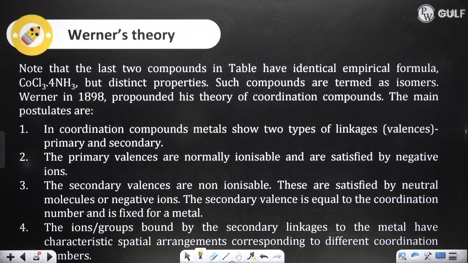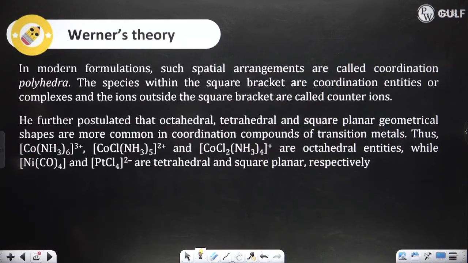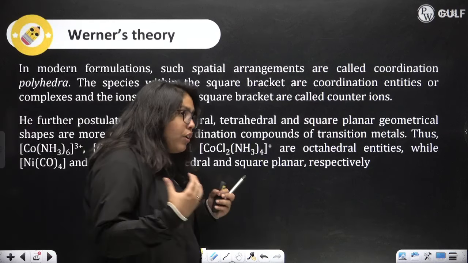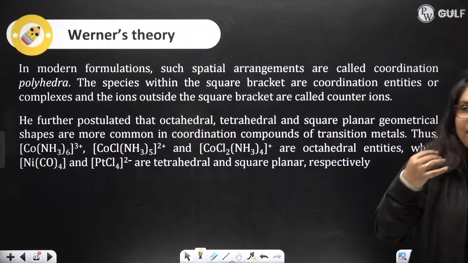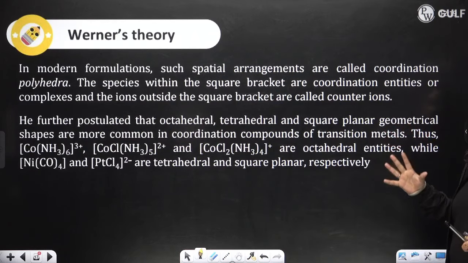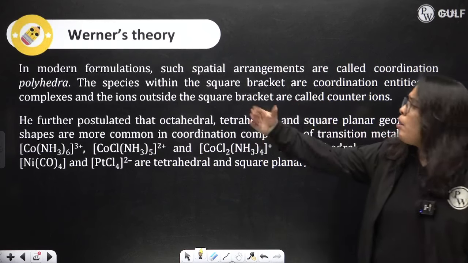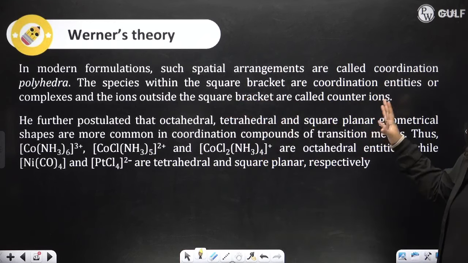Right? So this is our Werner's theory. And not just that, he further postulated that octahedral, tetrahedral and square planar geometrical shapes are more common in coordination compounds of transition metals.